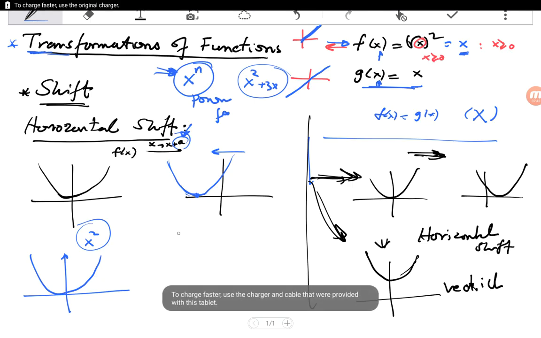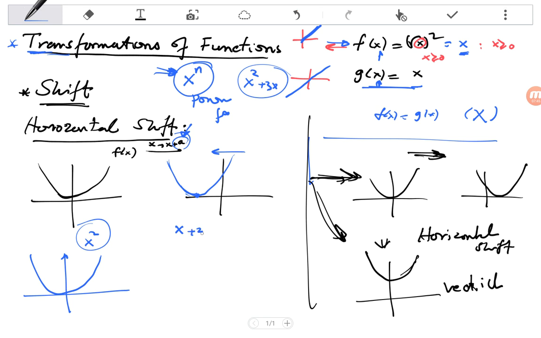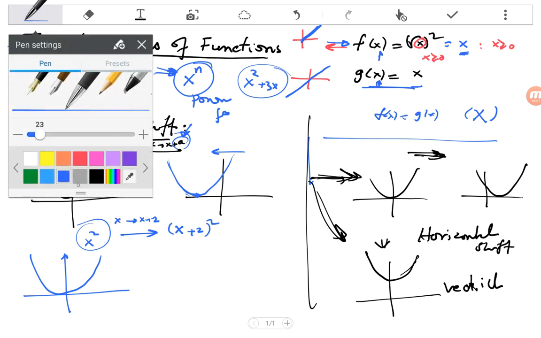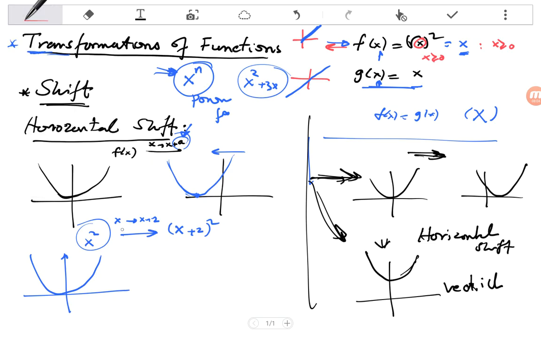Now, if I need to make a graph of x plus 2 all squared, what did I do analytically in this step? I have just replaced every x with x plus 2. What does that mean graphically? It means that if you replace every x with x plus 2, you would take that graph and shift it in the opposite direction of plus 2.